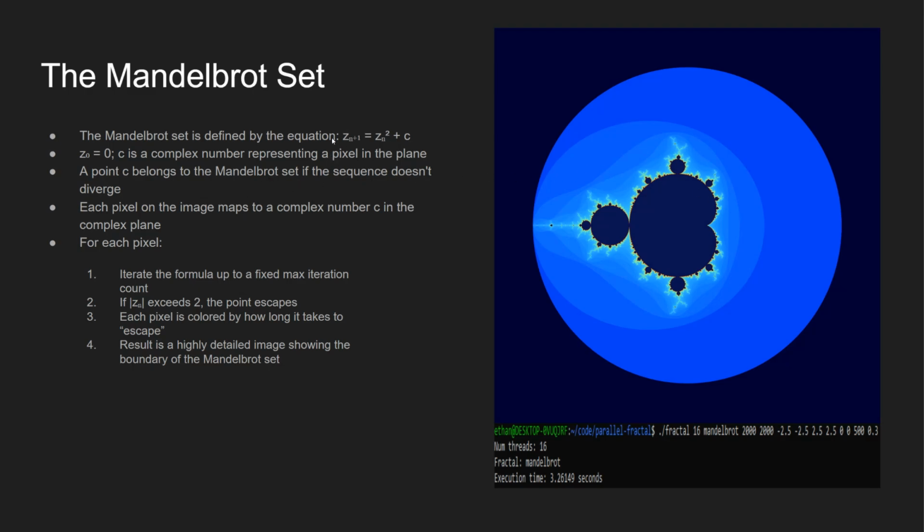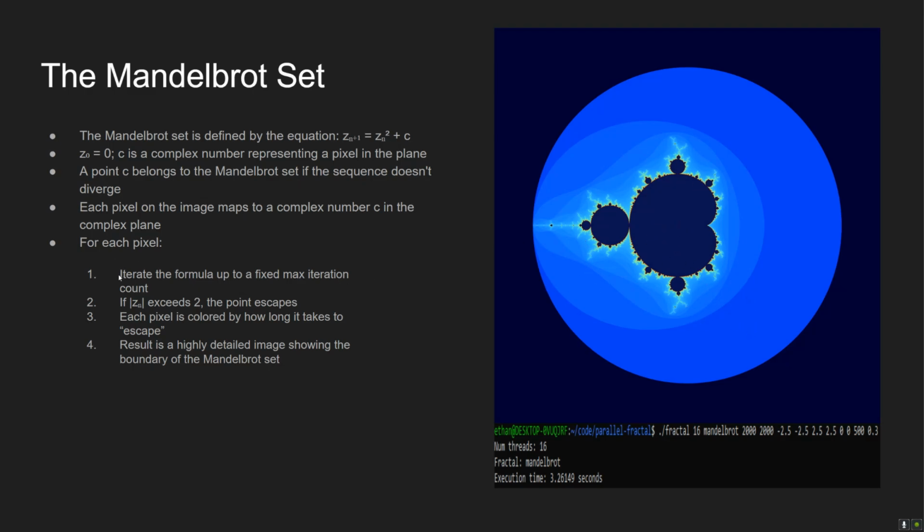We have an iterative algorithm, and depending on how long it takes that specific complex number to diverge to infinity, we color it. For these black pixels, it took very long to diverge. For these lighter pixels, it was very fast.